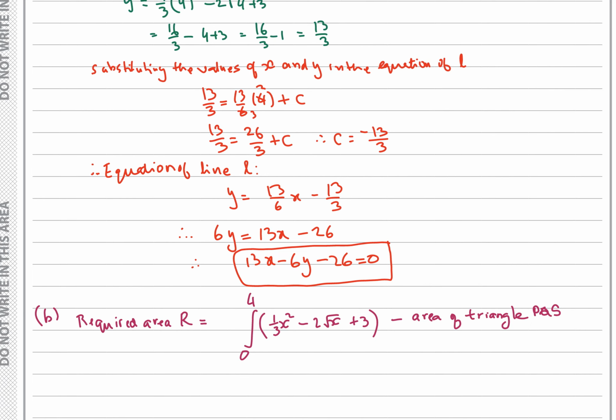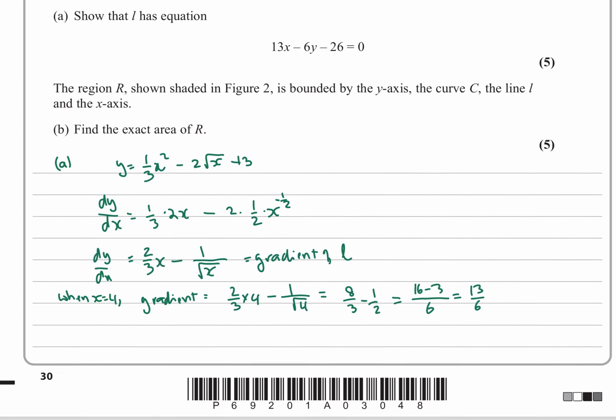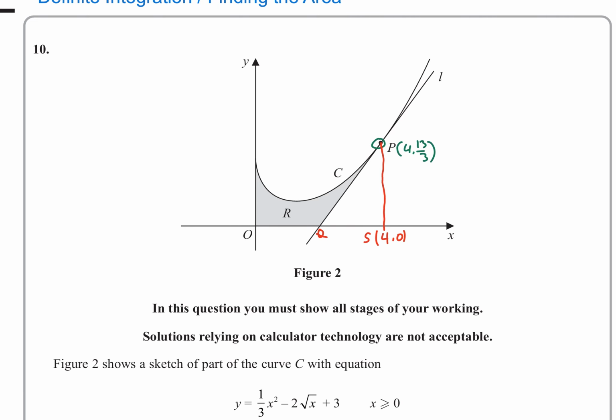Now to find the area of the triangle PQS, we are doing half times base times height. So the height we know is 13 over 3.